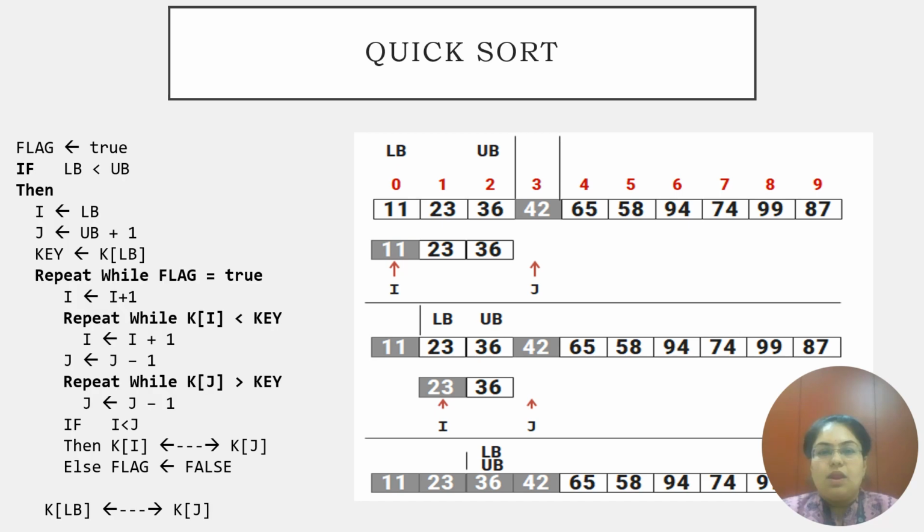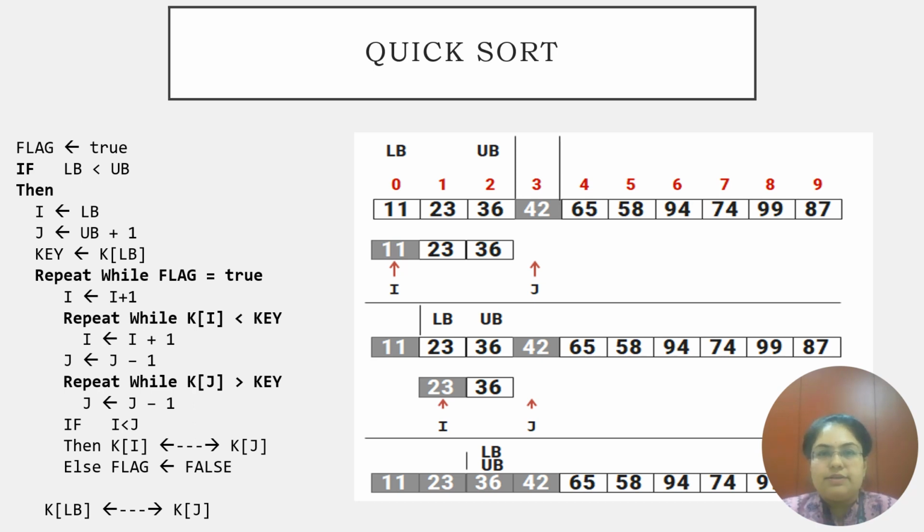So here i is equal to 0 and we can say lower bound is set as 0 and the value of i is also 0. So at 0 we have the value 11. If we talk about j, then j is equal to 3. Index of j is 3 and at that time the value is 42.